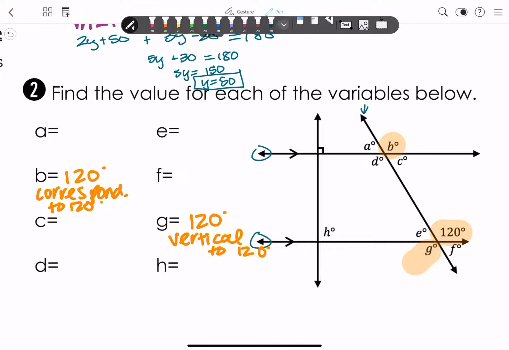Because once we get to D, you'll notice that angle D is vertical to angle B, and that's why it's going to be congruent and going to equal 120 degrees. So we're going to say that it's vertical to angle B.